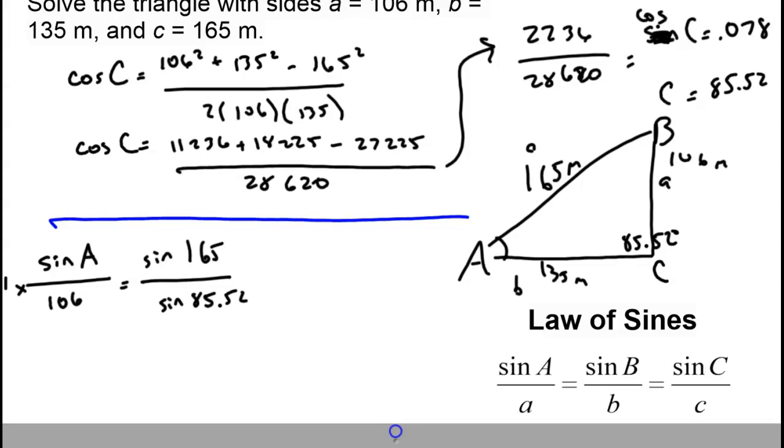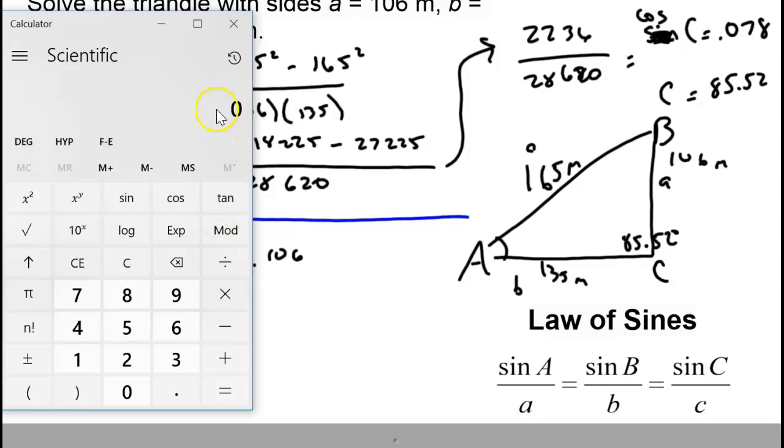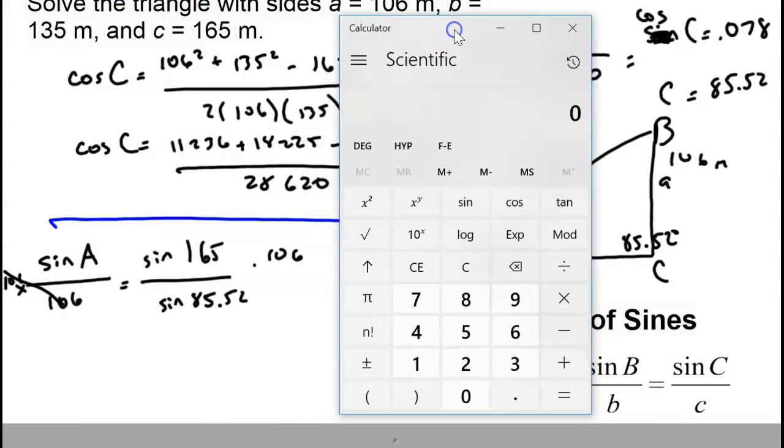And so let's go ahead and get sine A by itself. So we're going to multiply 106, and that will cancel these out. And we'll go sine 165.